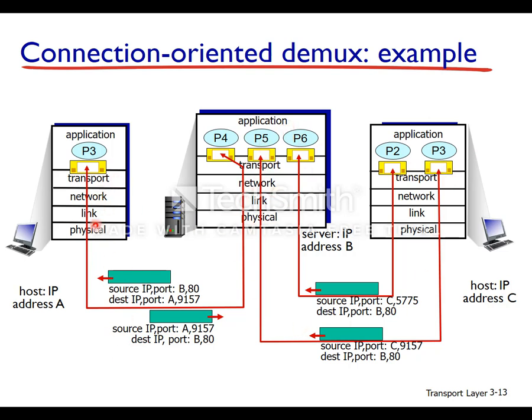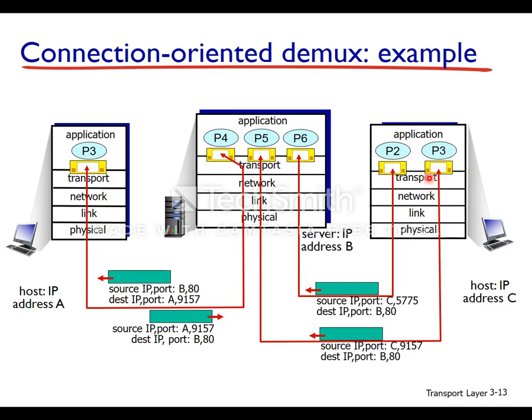The request will go, say, from source IP A, source port number 9157, and the destination IP is B, which is the server's IP address, and the destination port is 80. The response naturally will come from source IP B and source port number 80, and the destination IP is going to be A, and the destination port number is 9157.